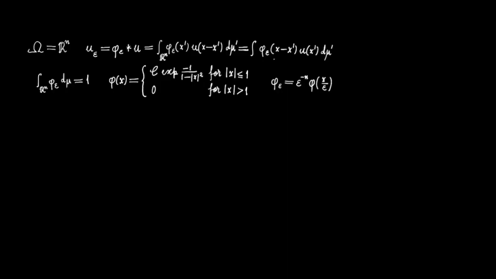And so what will happen is that when we differentiate with respect to the x variables, we'll differentiate the smooth function phi epsilon, and this will always be possible, so u epsilon will indeed be smooth.